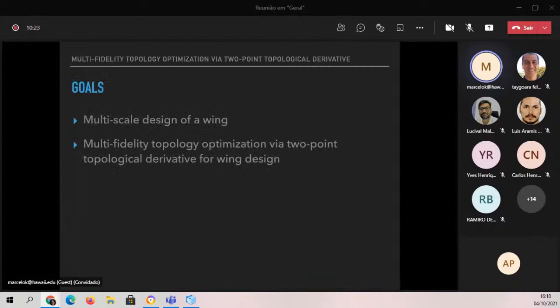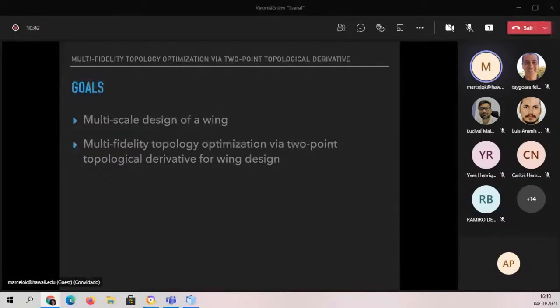Okay, so that summer, there were two goals, but they are related, and I can comment more on that later. One was to develop a multi-scale design of a wing, and the other goal, which is what I'm going to focus on today, is the multi-fidelity topology optimization via two-point topological derivative for wing design.